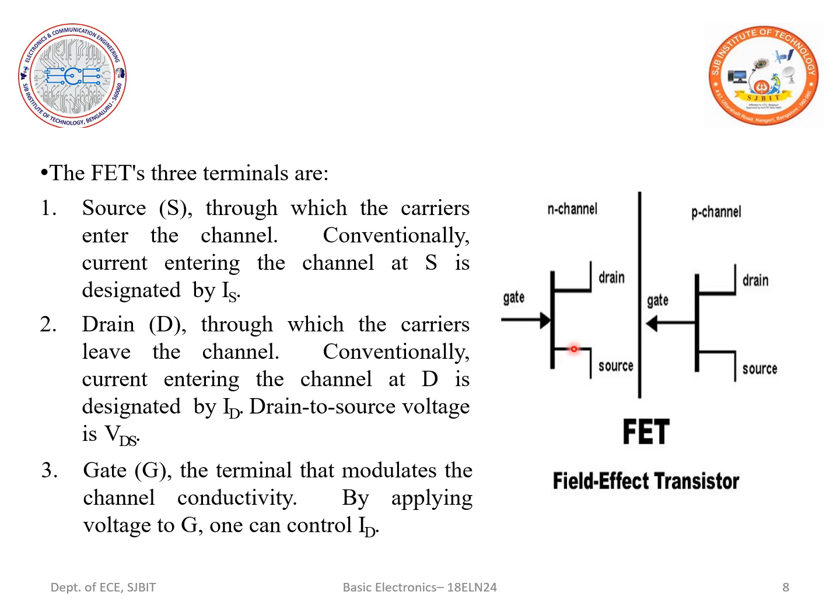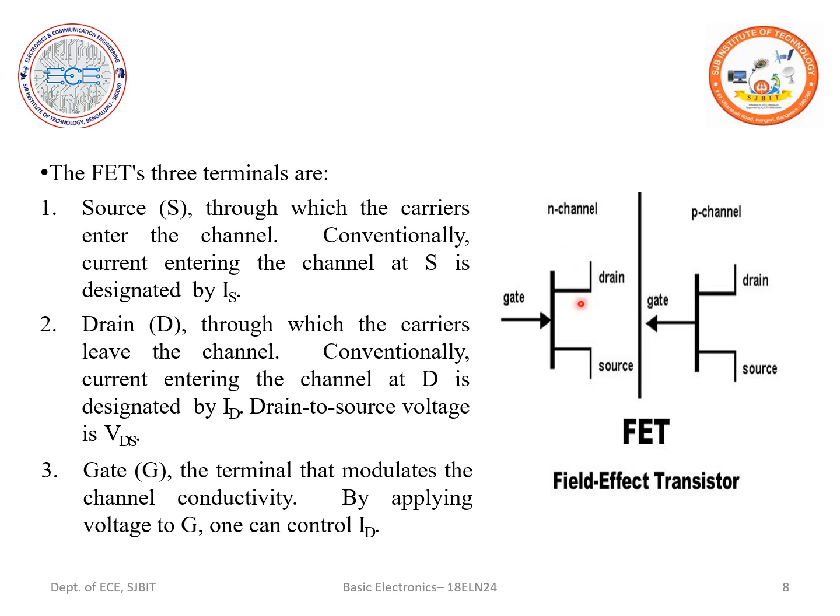The conventional current entering the channel at the source is designated by the current IS. The other terminal is the drain, through which the charge carriers leave the channel. Conventionally, the current entering the channel at D is designated by ID, that is, the drain current.